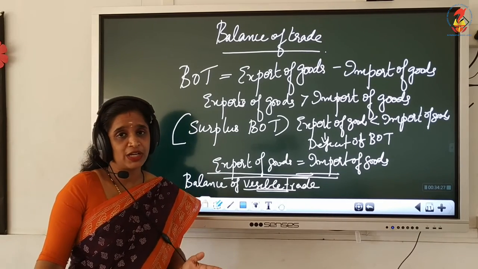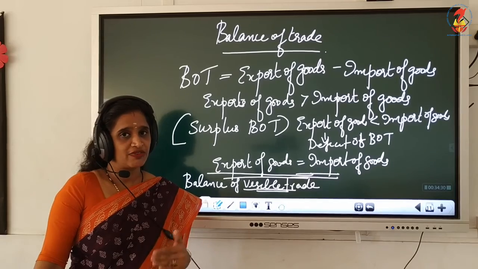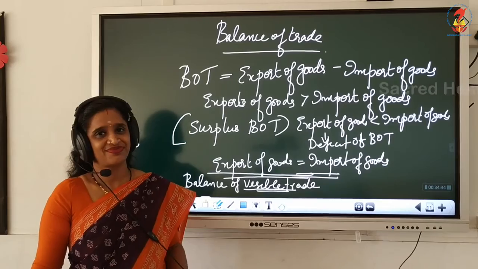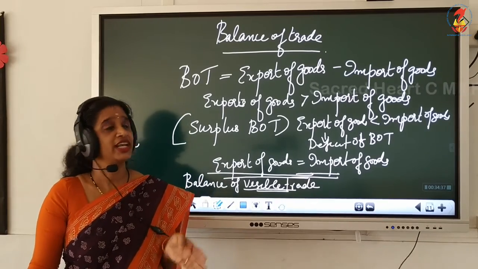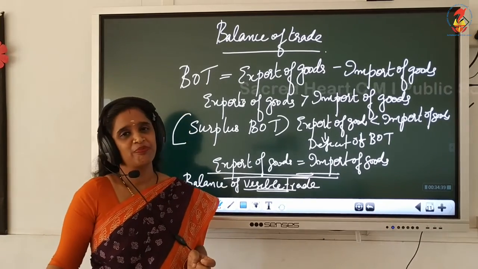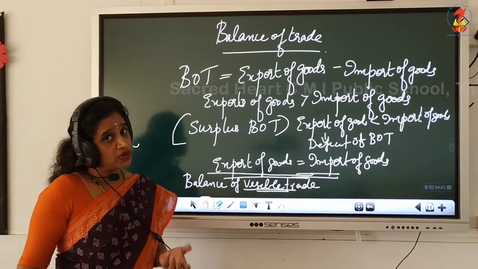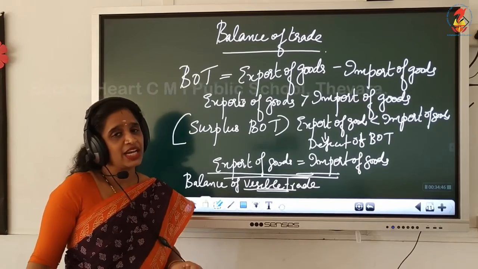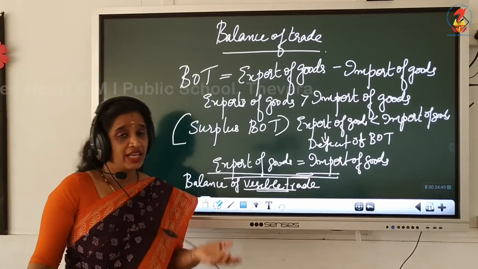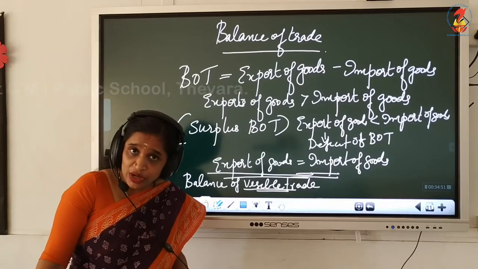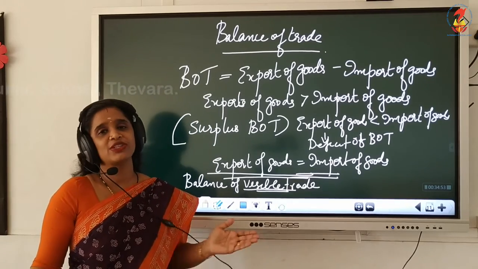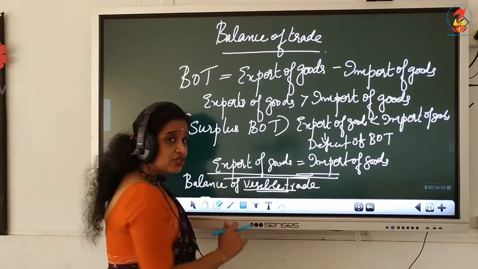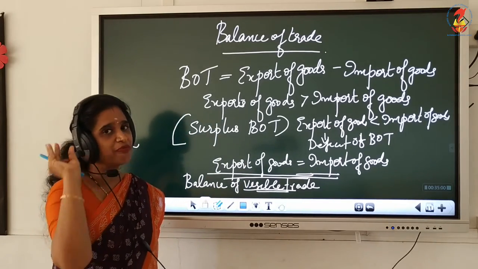So when you explain balance of trade, you explain it as the difference between export and import of goods only. So what is the equation for balance of trade? Export of goods minus import of goods. Now if export is more than import, there is surplus balance of trade. If export is less than import, there is deficit balance of trade. If export of goods is equal to import of goods, we can say there is a balance of visible trade. Therefore, balance of trade is a part of balance of payment.